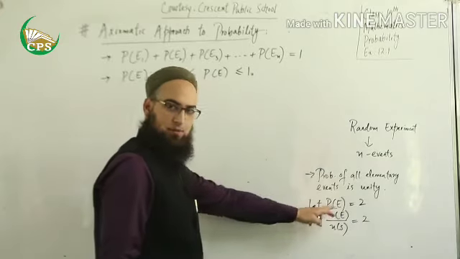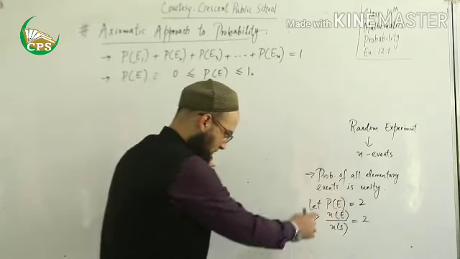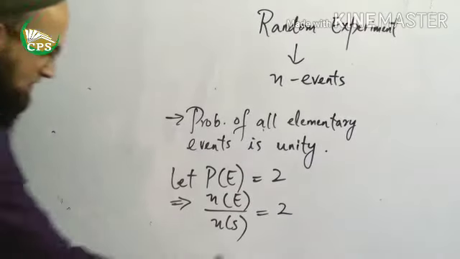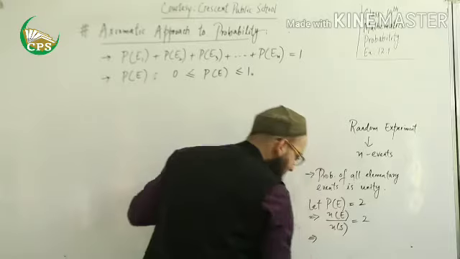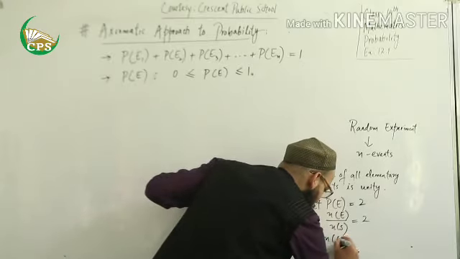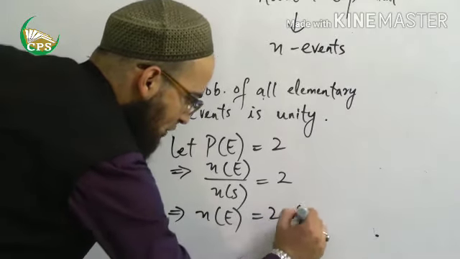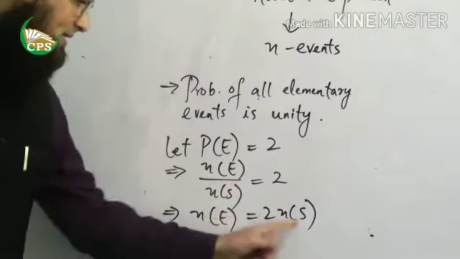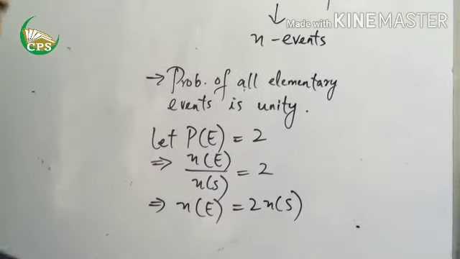Then the number of event outcomes is equal to twice the number of sample space outcomes.